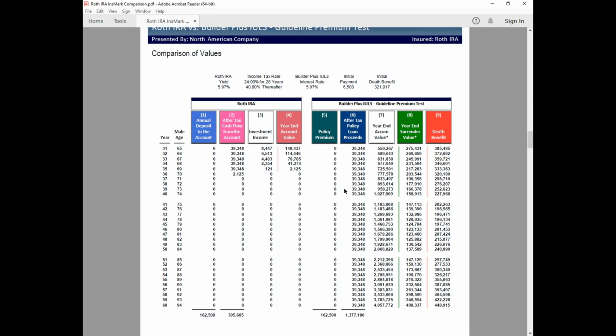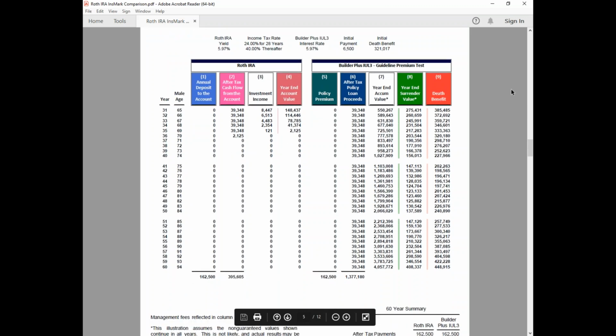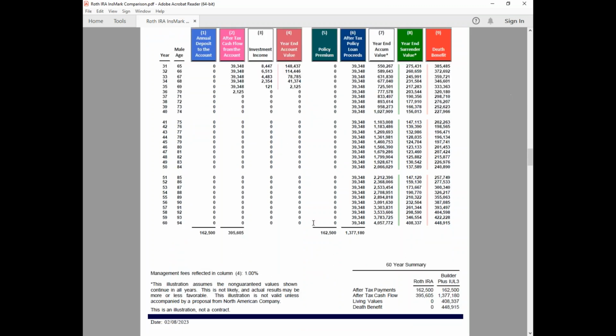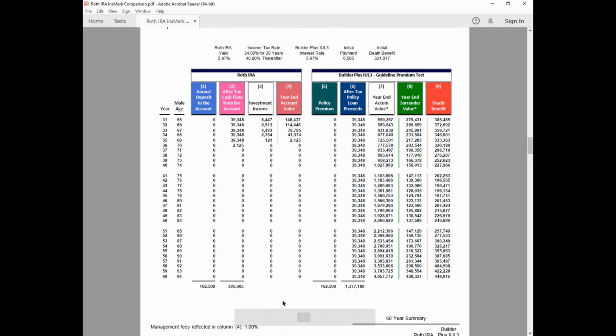If you look over here in column 6, we continue taking $39,000 out of the Builder Plus, and we continue it all the way to age 120. And I'll say that a lot of times we illustrate that Roth IRA at 7 or 8%, which is higher than what people are getting out there in the market. And the 5.97 still will outperform that.